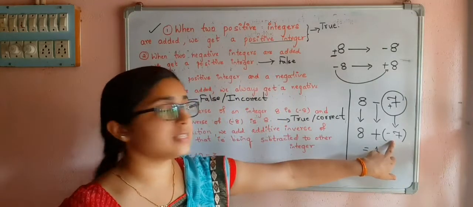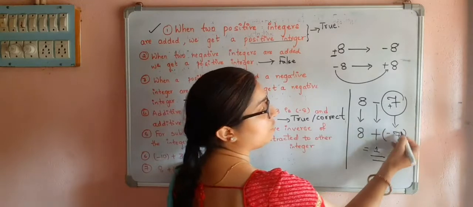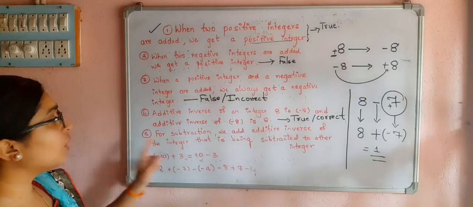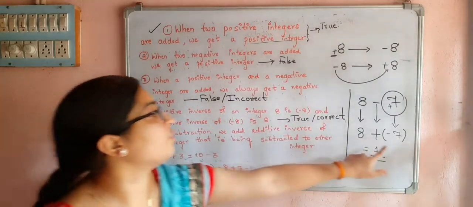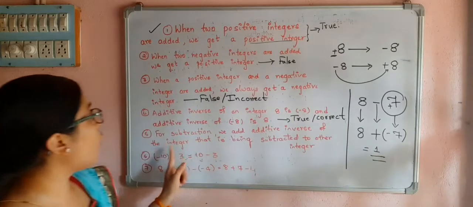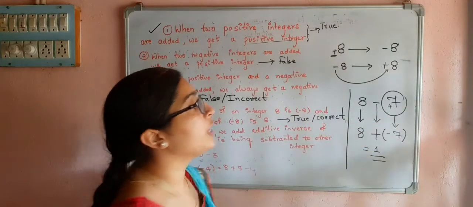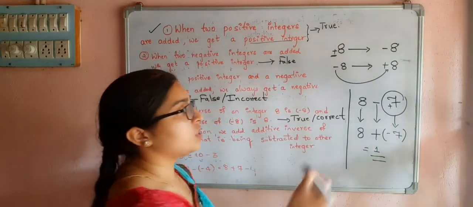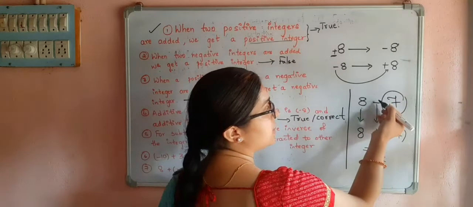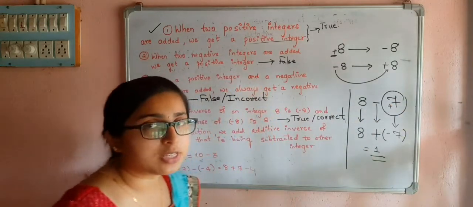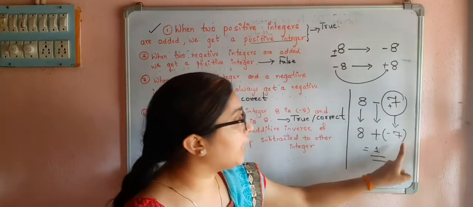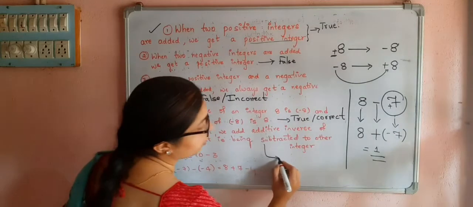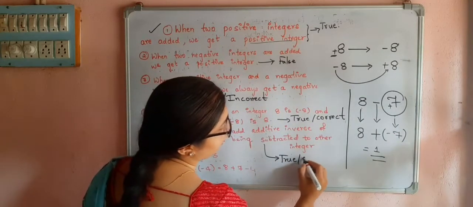What is minus 7? That is the additive inverse of plus 7. Now I am adding this to 8. So we are adding the additive inverse of the integer that is being subtracted. 7 is being subtracted from 8. So I just changed the subtraction sign to the addition sign, and then I took the additive inverse of the subtrahend. So this is true or correct.